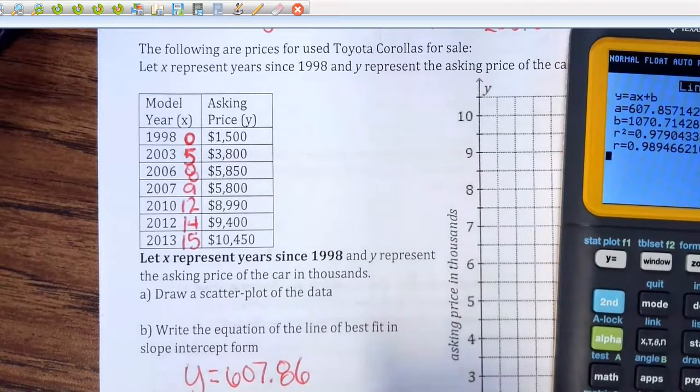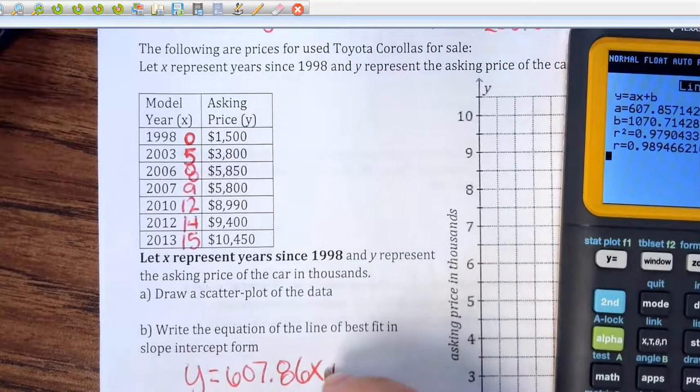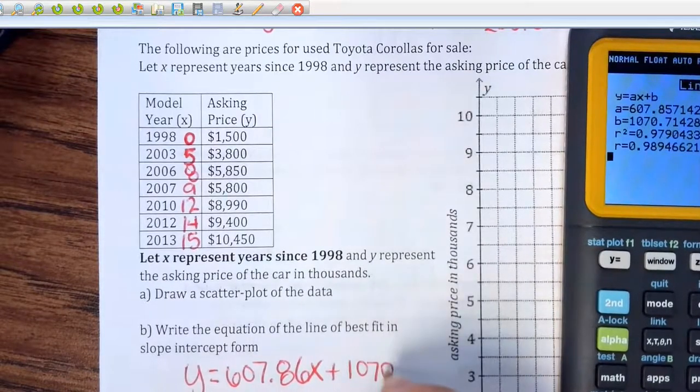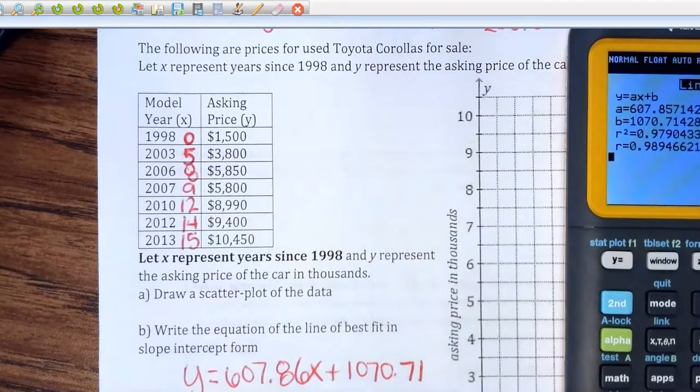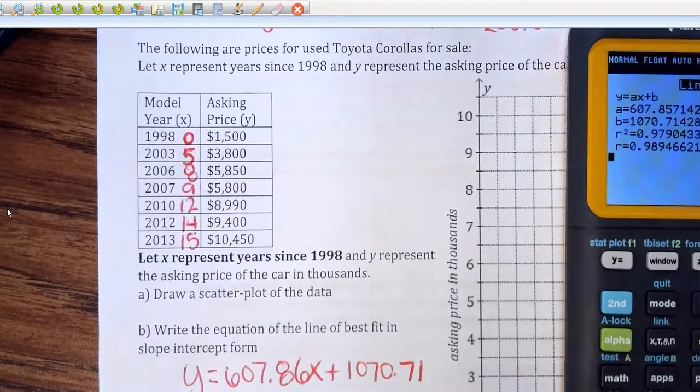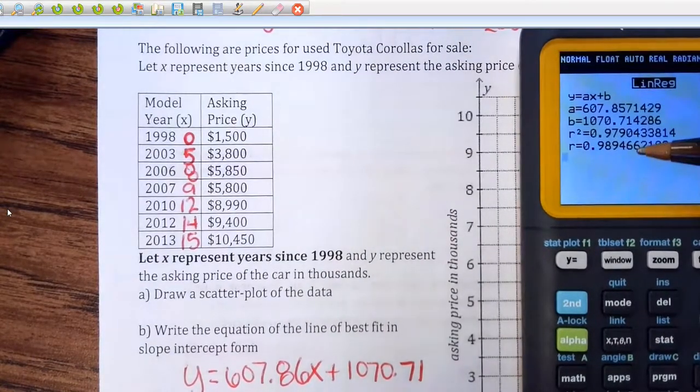And then I'm going to put my x, and my y-intercept here is 1070.71. That's going to be my line of best fit there. And then you can see down here your correlation coefficient. This is positive, right? Positive 0.98. So this is a strong positive correlation.